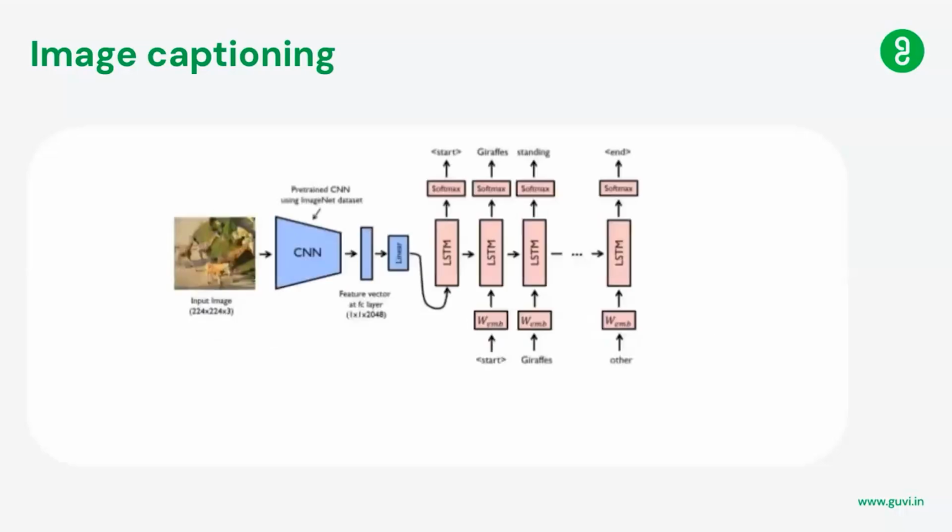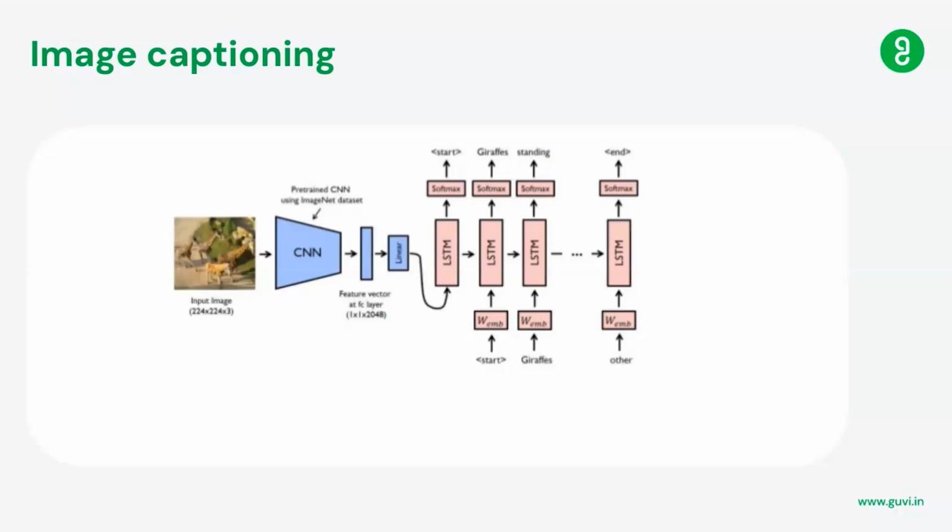So this is one model that looks at performing image captioning. On the left hand side, you can see an input image which captures different giraffes. And on the right hand side, you can see the output tokens. On the topmost side, you can see that you have your output tokens: start, giraffe, standing, end.